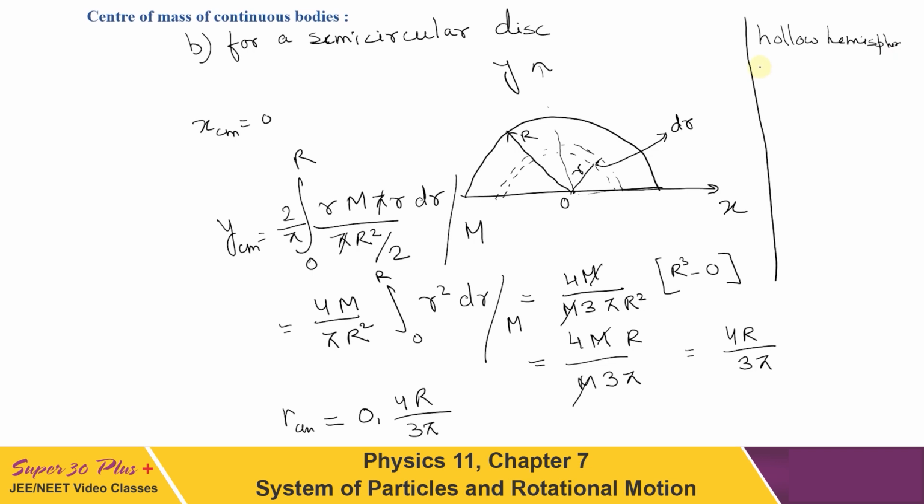The next should be solid hemisphere, the next hollow cone, and then solid cone. So these are the shapes for which you must know the value of center of mass. So do remember, all these have to be memorized.